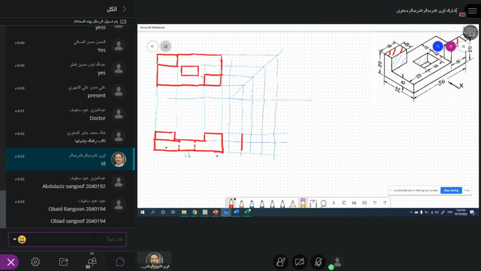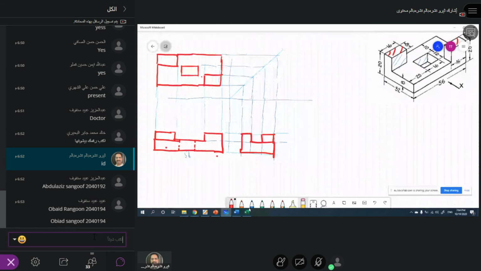It should be this one, and go like this. And here, right, and then this hidden line somewhere here.